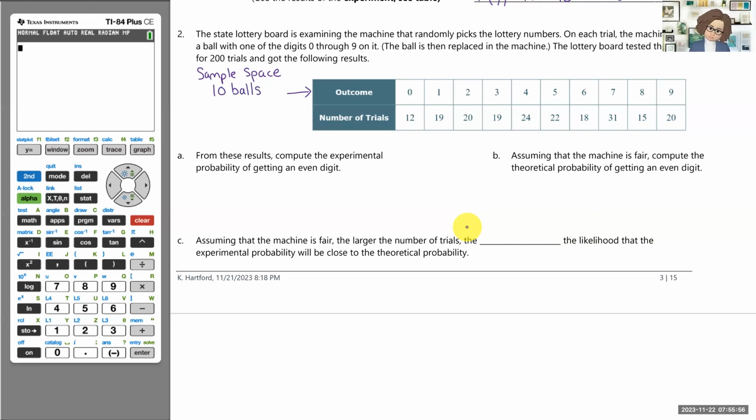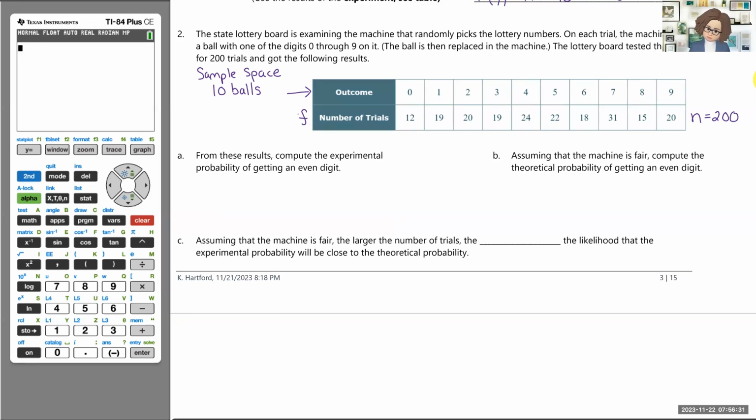And when they did their experiment testing the machine, the frequencies are given for each ball that was output. So the machine outputted a 0 ball 12 times, the 1 ball 19 times, the 2 ball 20 times, etc. So over here on the end, if we were to add up all those frequencies, that would be our 200. And we could check, but it does say they tested the machine 200 times.